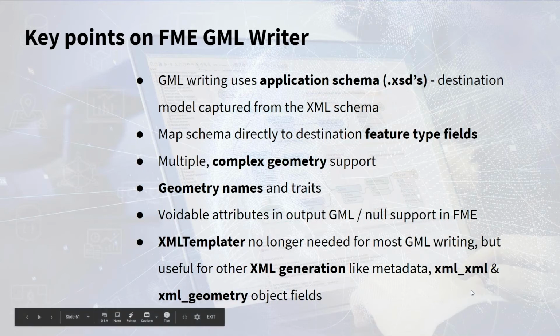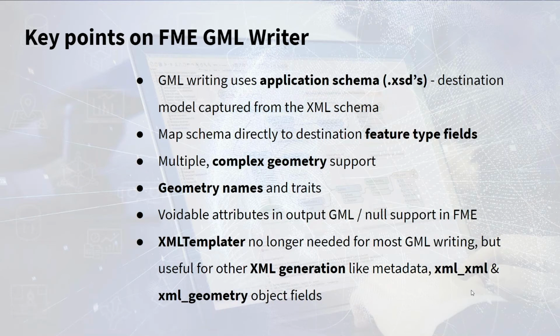I like this point here at the bottom: with the GML writer, you can actually write XML snippets instead of writing every field. Let's say you have a field called a.b.c, which models A as the grandparent, B as the parent, and C as the child.